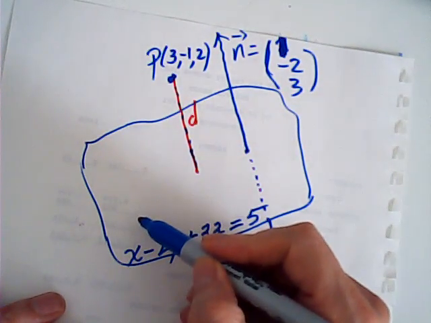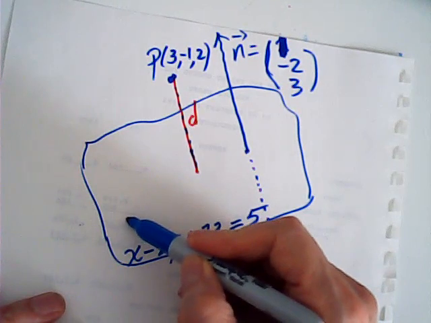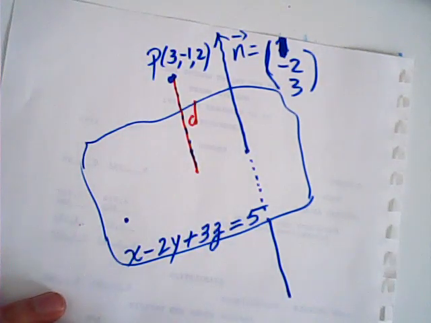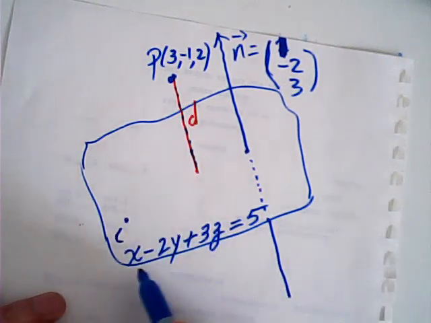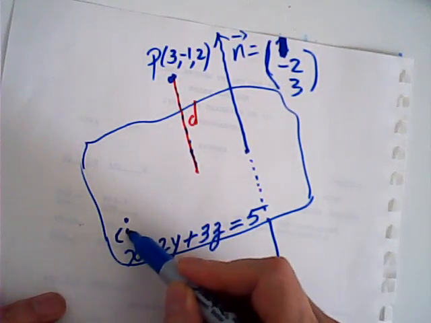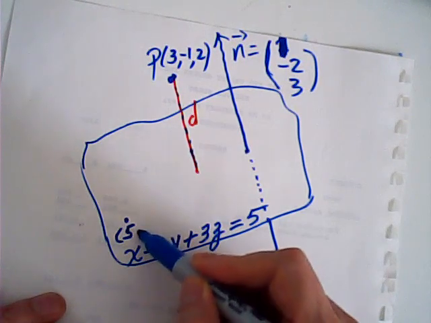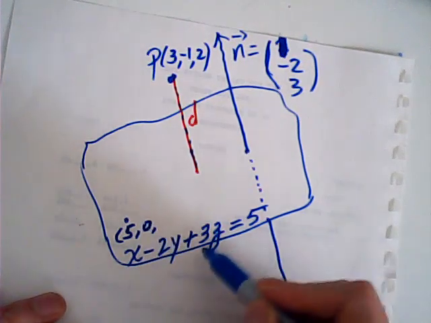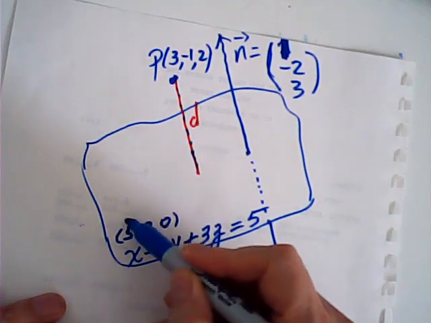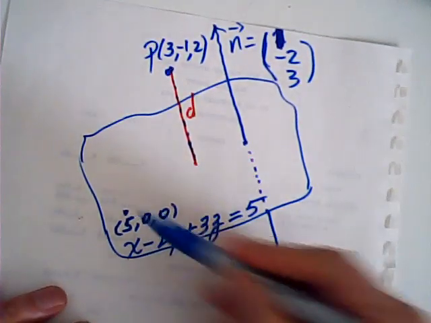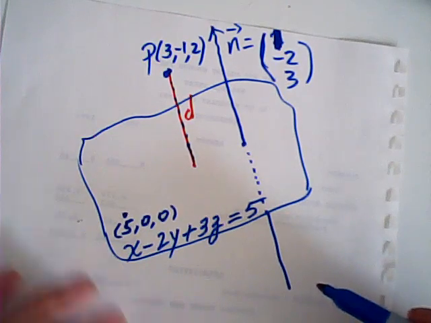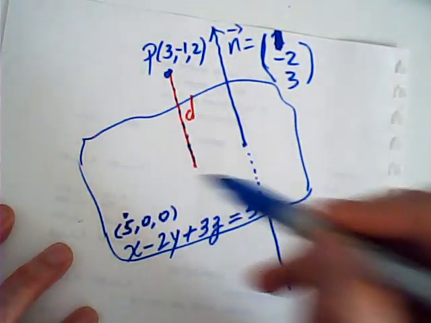I choose any point from this equation, right? How about x equals 5, y equals 0, and z equals 0, right? So this point satisfies the equation of the plane, so the point is in the plane.